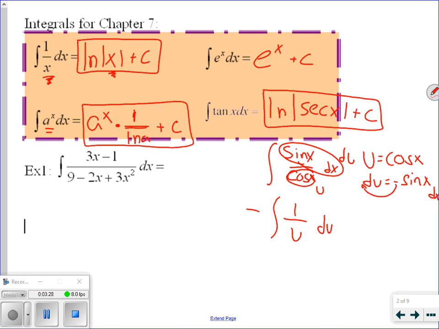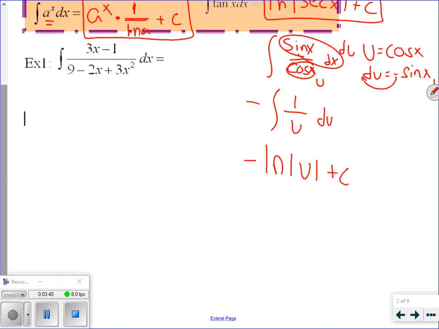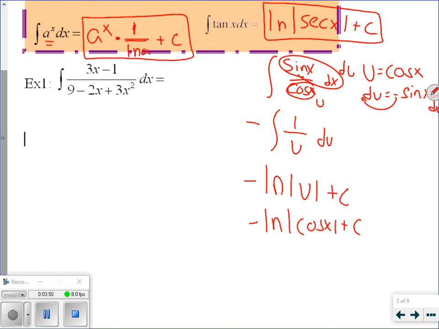So what I'm left with after that is negative, the integral of 1 over u, which is the ln absolute value of u plus c. And plugging back in for u, we have negative ln absolute value of cosine of x plus c. Now, I realize that this does not look like the one I just wrote down.